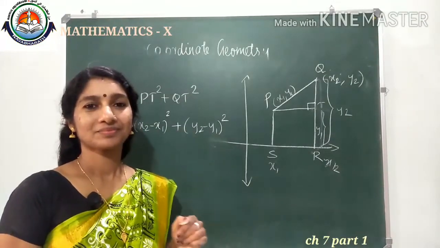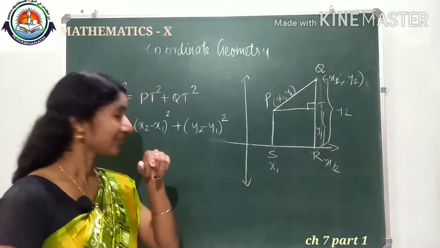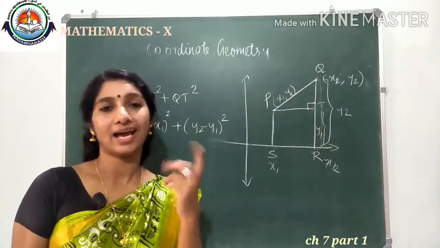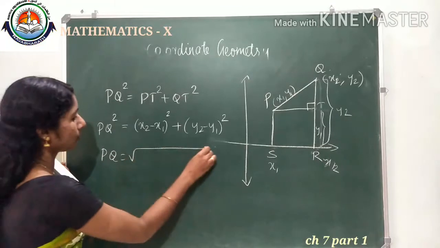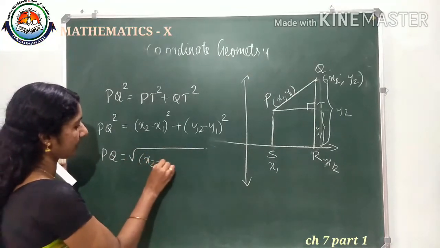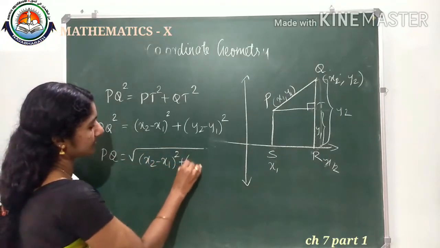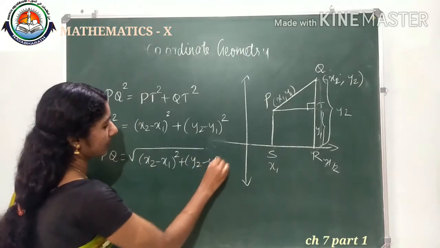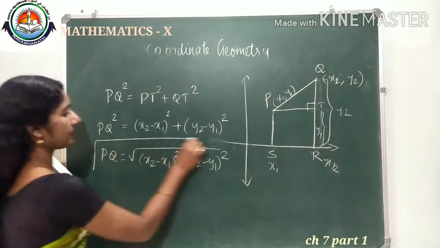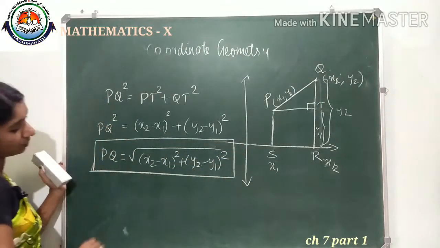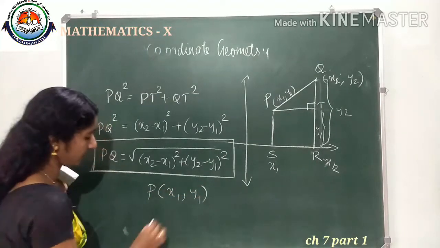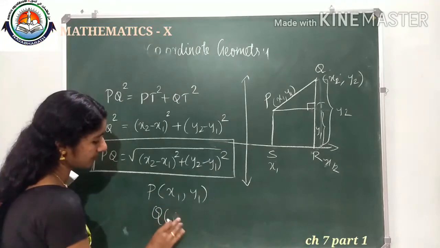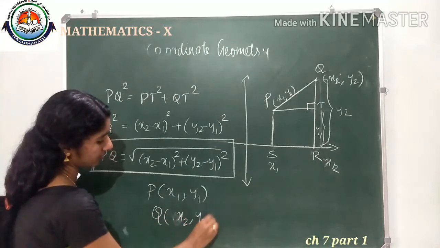What are x1, y1, x2, y2? They are the coordinates of P and Q. See, PQ is equal to root of x2 minus x1 whole square plus y2 minus y1 whole square. Like this we can find the distance from P to Q. P's coordinate is x1, y1 and Q's coordinate is x2, y2.